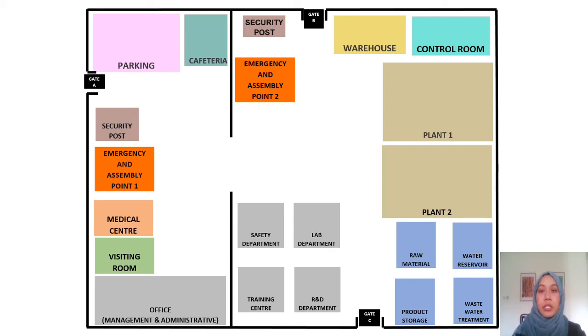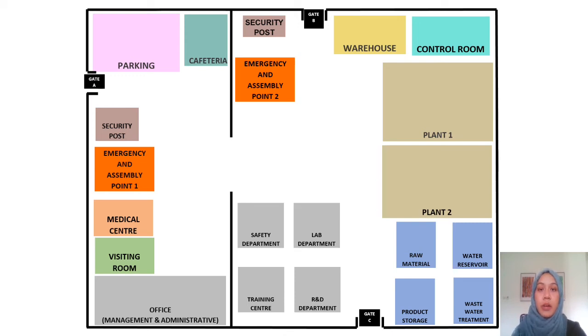One of the important facilities in a plant is a medical center, for the convenience of employees for incidents that occur during working. The visiting room is for visitors to have a short meeting with staff or management. That is why the visiting room is just near the office. Office is the process of planning, organizing, and controlling all the information and related activities of an organization.